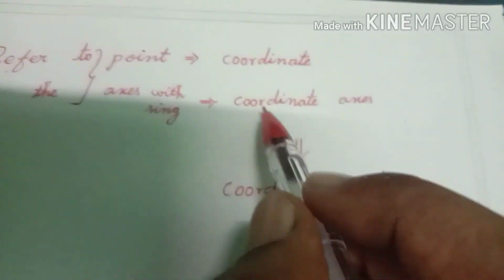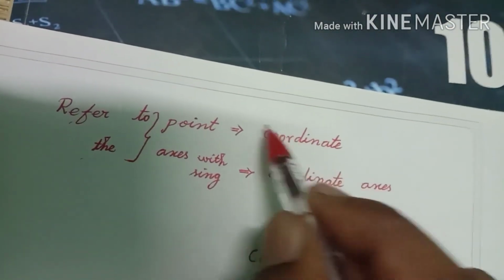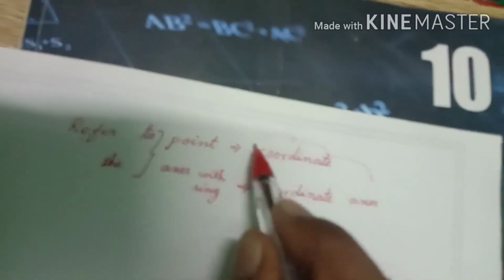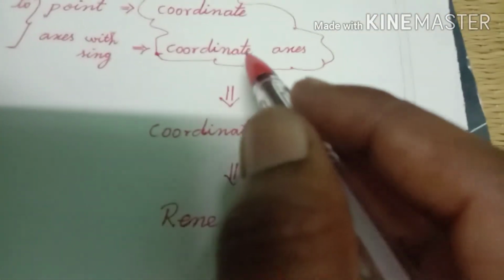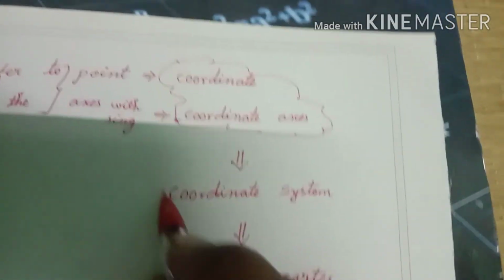So coordinates and the coordinate axes together become the coordinate system.